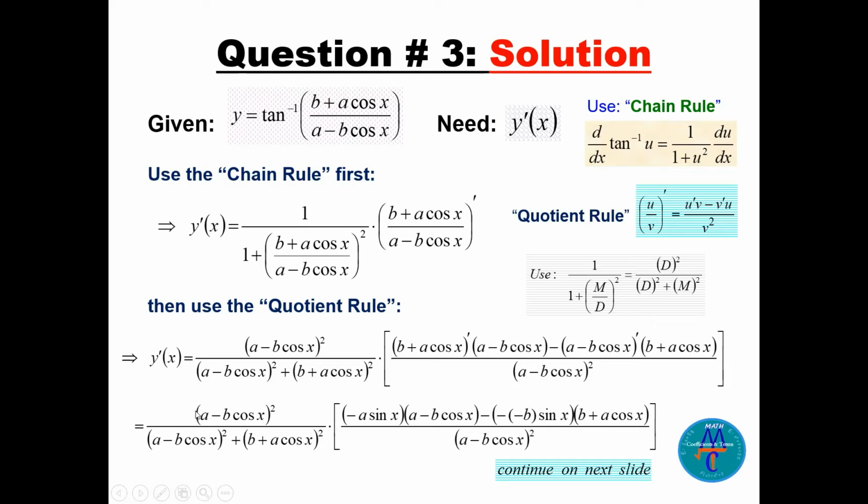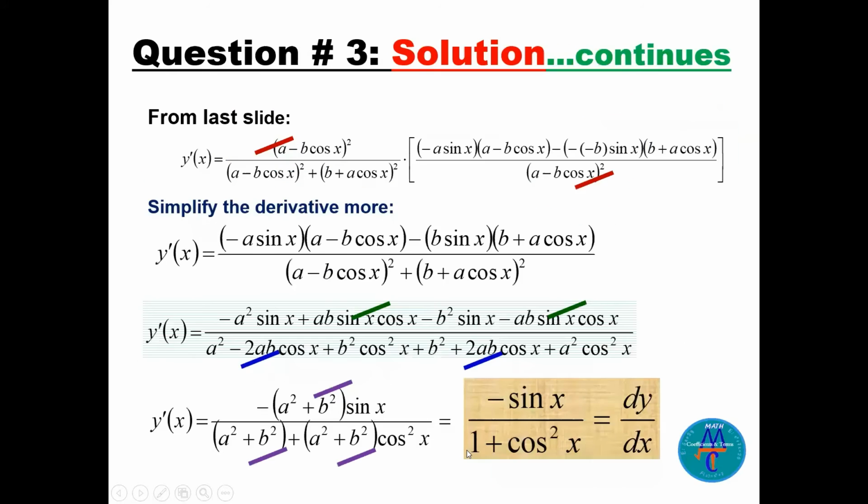What I can tell you here, what will happen, we can cancel all this with all this. You see, a minus b cosine of x squared, up and down, we can cancel it. You can see it here. Then we simplify more. On the numerator, we have minus a sine of x times a minus b cosine of x, and there is a 1 minus here because we have 3 minuses.